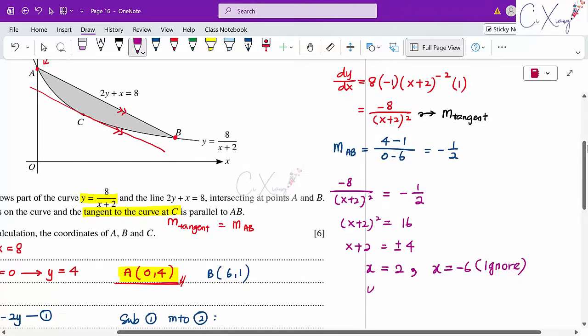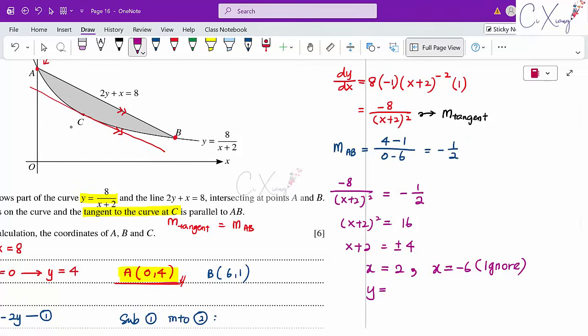And how to get the value for y again? Substitute it into the curve equation. Only the curve equation, because C lies on the curve, not on the linear line. Therefore, y equals 8 over (2 plus 2). From here, you get 4. 8 divided by 4, you get 2.